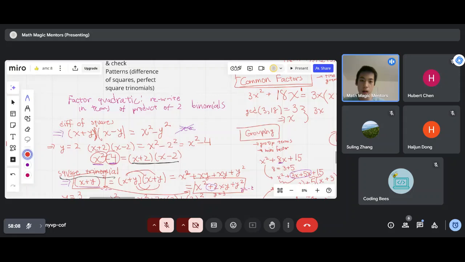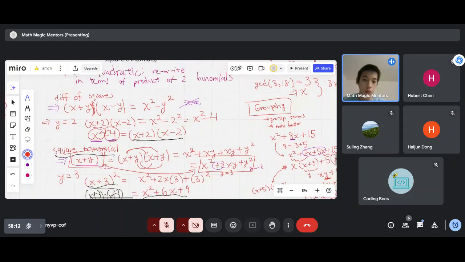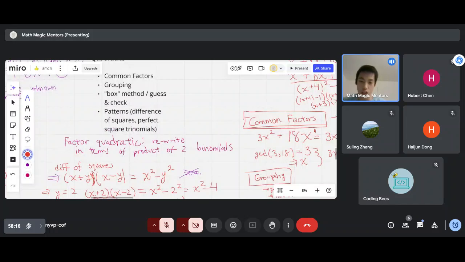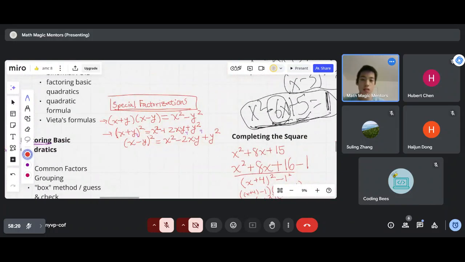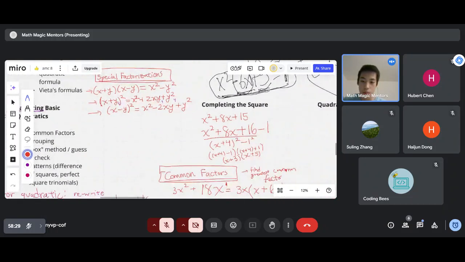And so we saw a couple of different ways to factor a quadratic. We used difference of squares, or rather the general term is special factorizations. So difference of squares and the perfect square trinomials, basically the bottom two here.